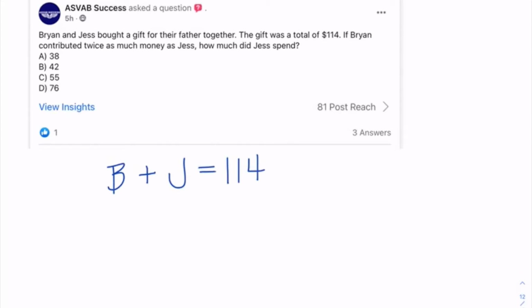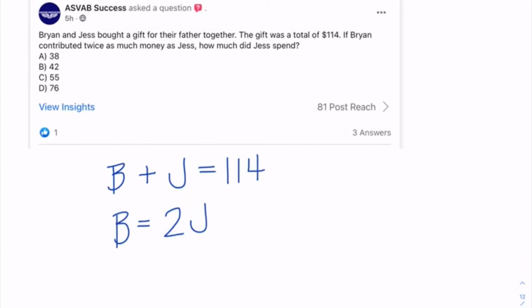Now, the third sentence says, if Brian contributed twice as much as Jess. So what Brian did is 2 times Jess. You see how I'm turning the words into equations? Okay? So Brian contributed twice as much as Jess. How much did Jess spend?